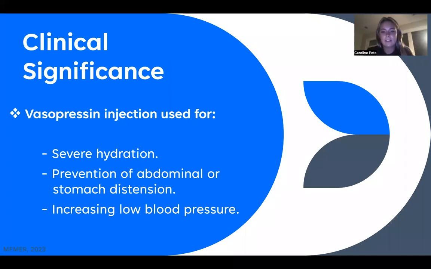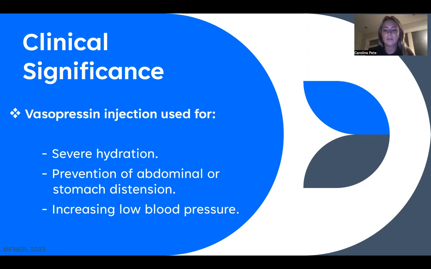Clinically, vasopressin is commonly used in the form of injection to help with various conditions. Patients with diabetes insipidus experience major dehydration, so this injection can be used to control frequent urination, increased thirst, and loss of water associated with this condition.